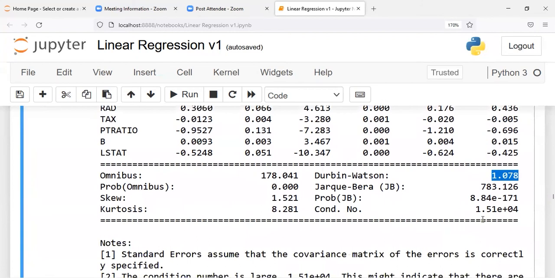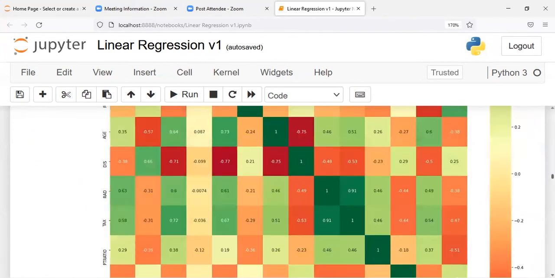Second point which I'd like to draw your attention to is the conditional number. Conditional number speaks about the multicollinearity problem. Usually, if the conditional number value is greater than 30, it is an indication that there is strong multicollinearity in our data set, which was quite evident because if you recall the discussion that we had in our heat map, there are a lot of variables which show strong relationship with their fellow independent variables.